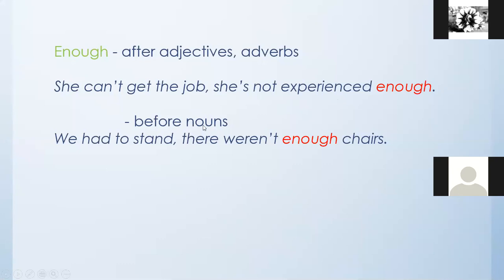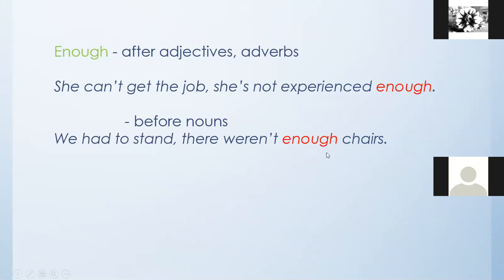It also comes before nouns. Look at this one here: we had to stand. There were not enough chairs. Do you find an adjective or adverb here? No, we don't find an adjective or adverb, but we have a noun.